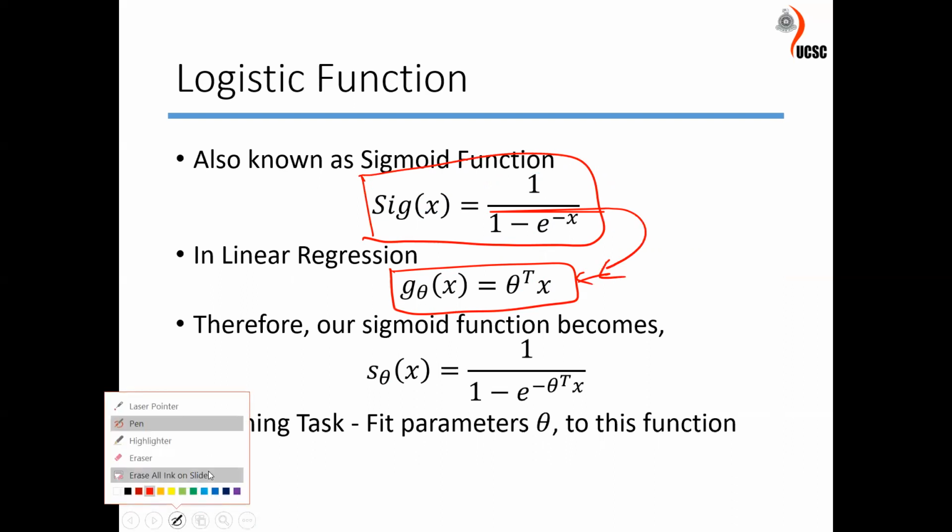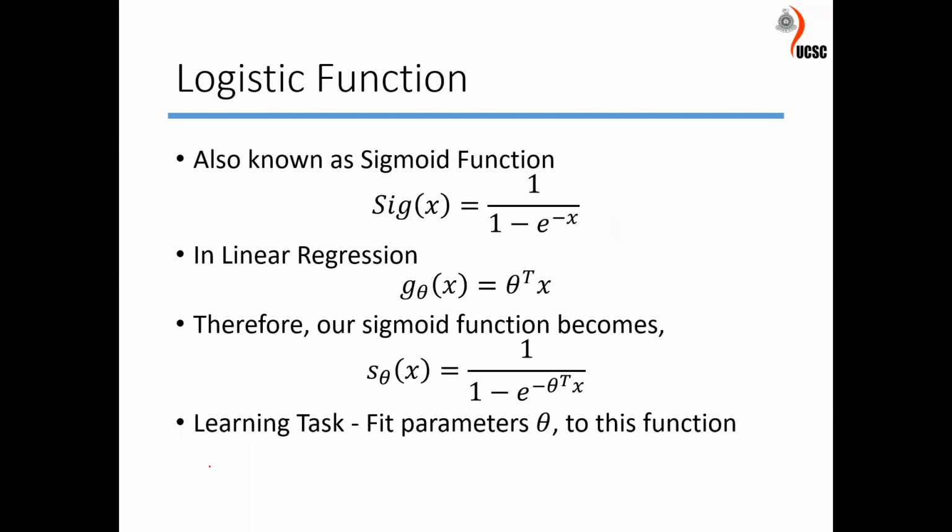To do that, we simply replace these x values with theta transpose x, right? That's basically the mathematics. So here we replace x with theta transpose x, and our final function will look like this. Now we have here theta transpose x.